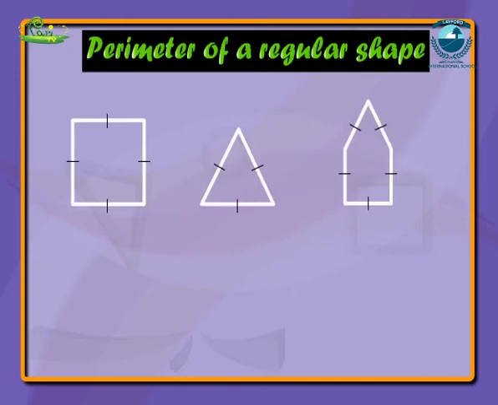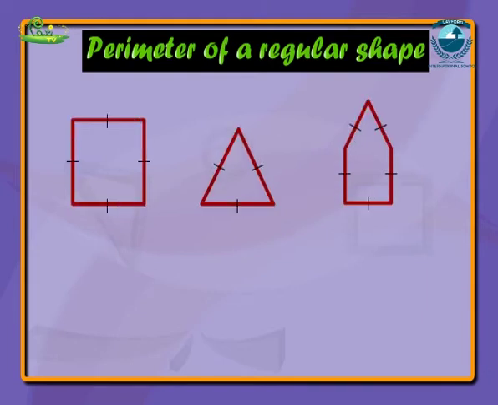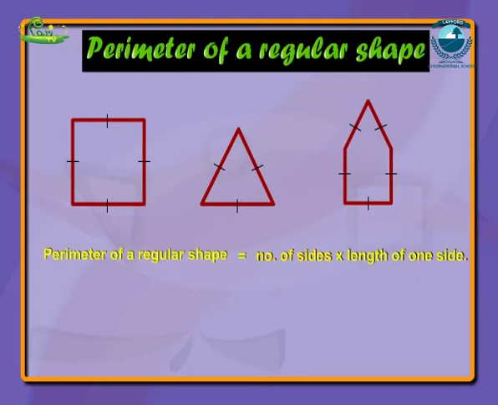Now we will learn to find the perimeter of some regular shapes. Regular shapes are those which have all the sides equal. We know that perimeter of a figure is sum of the length of all its sides. Since a regular shape has all its sides equal, hence perimeter of a regular shape is equal to number of sides into length of one side.